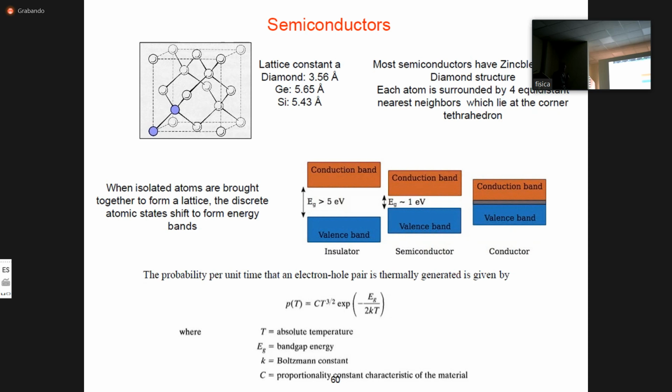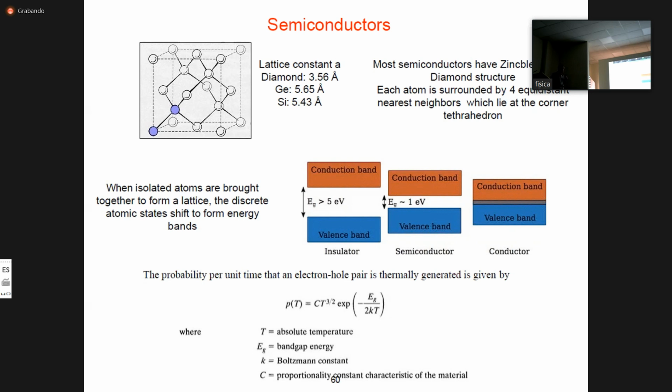If you look at the conductors, you can see that there is no gap between conduction and valence bands, and electrons can freely go to this territory, and that's how you have electric current, for example, in metals, which are good conductors.